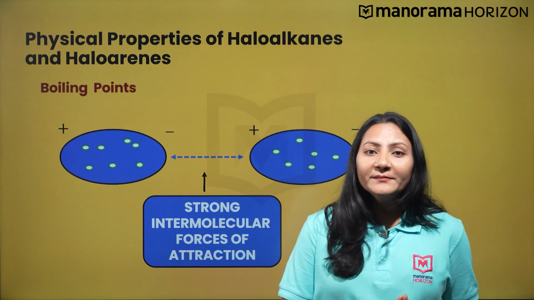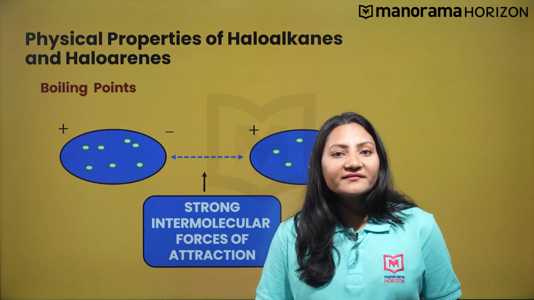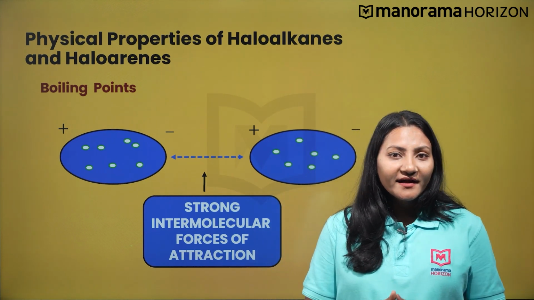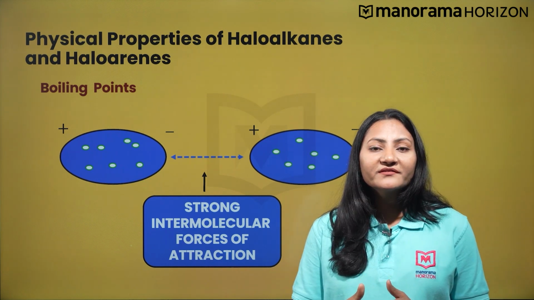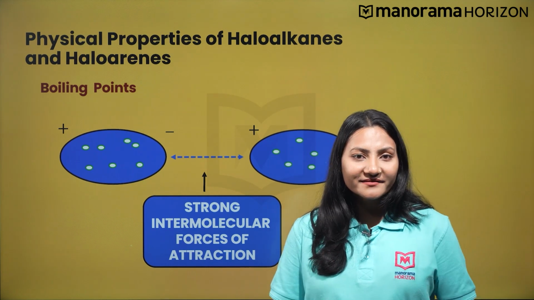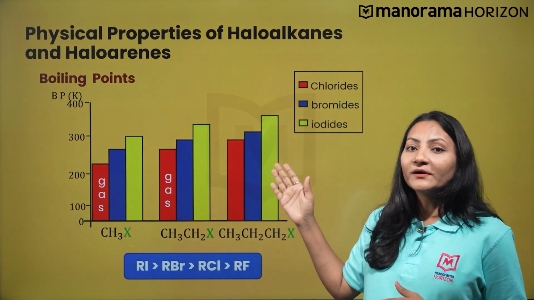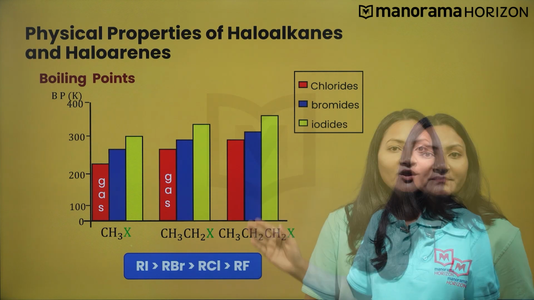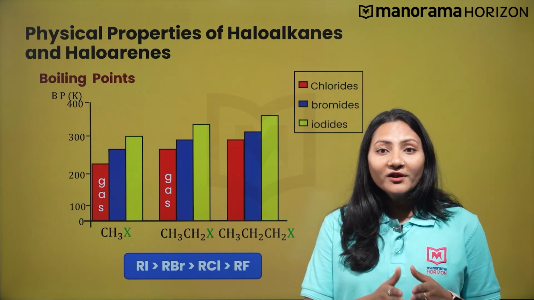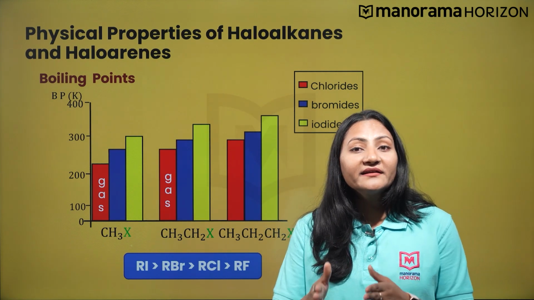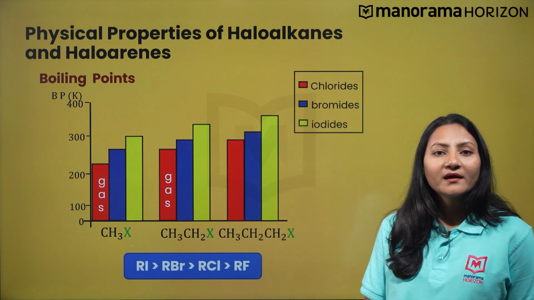Hence, the boiling points of chlorides, bromides and iodides are higher as compared to the hydrocarbons of the same molecular masses. You can see here the pattern of variation of the boiling point of different halides. For the same alkyl group, the boiling point of alkyl halides decreases in the given order.